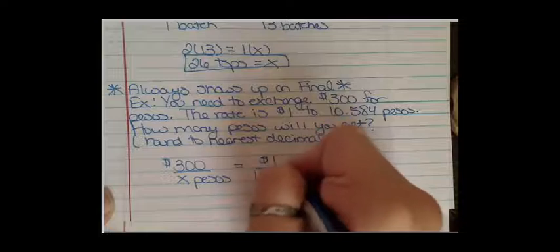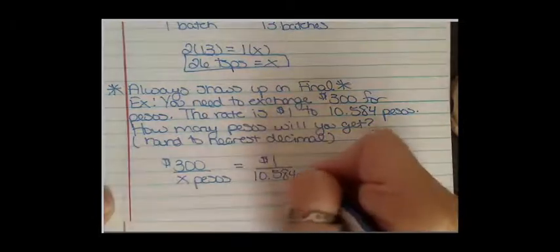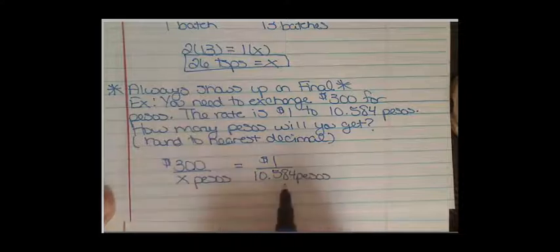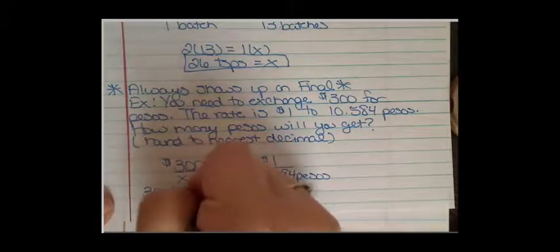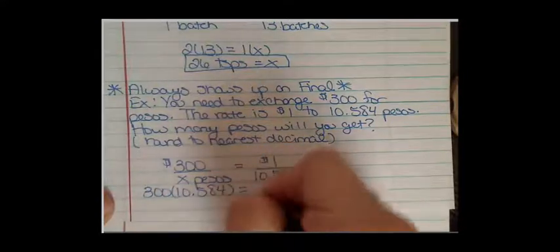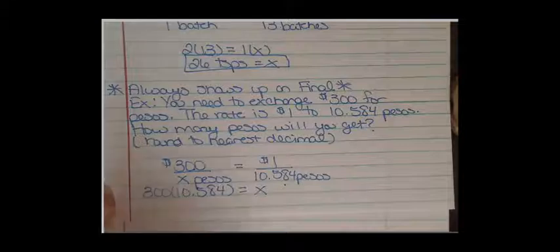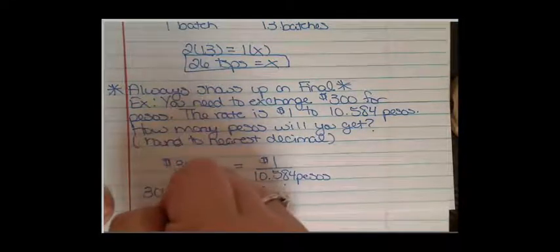We're going to take the 300 times our 10.584, and that's going to equal the number of pesos that we're going to get. So if you punch that into your calculator, you get 3,175.2 equals our x. So you're going to get 3,175.2 pesos for $300.